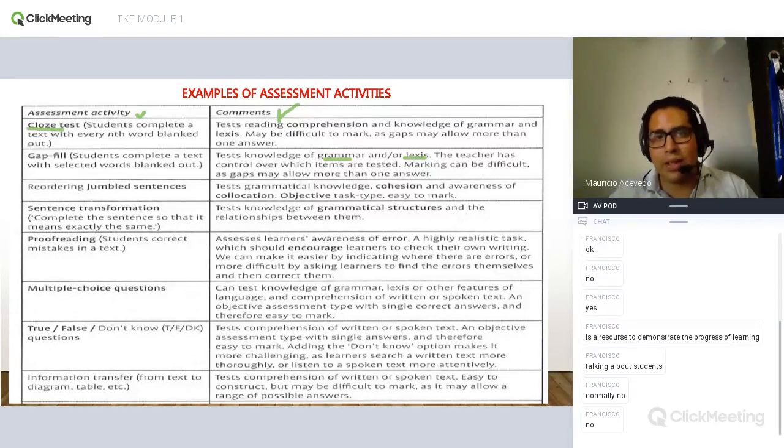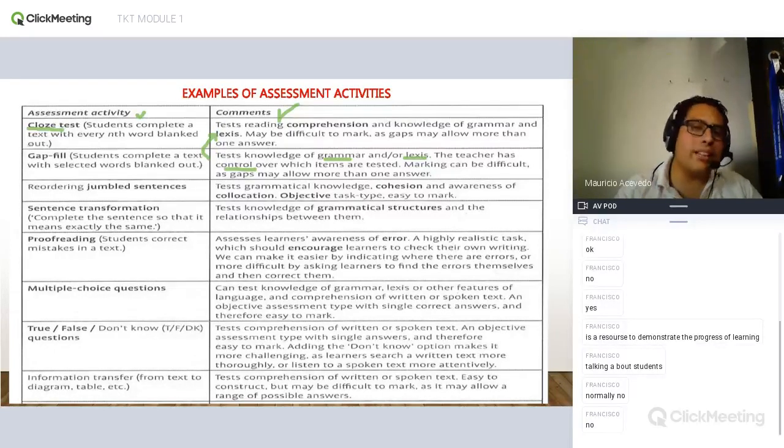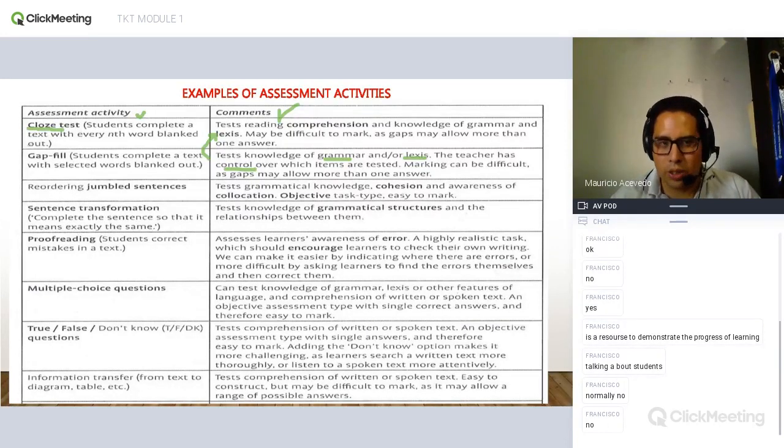So in this case, you can confuse your students, but obviously, as it says, it is controlled. It's a more controlled activity than the closed test. In that one, you don't exactly have to have control. Not exactly. I mean, all of those activities, you know that you need control, but not exactly in the closed test. But in gap fill, yes.